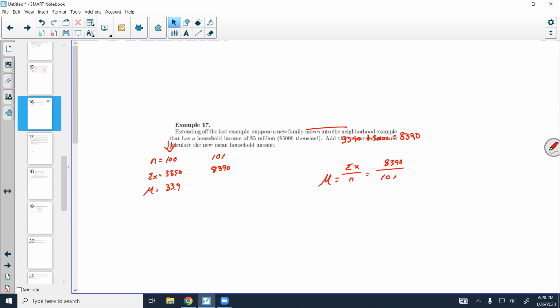Then we added 5,000 thousands. So from 3390 to 8390. And then we do our division here, and I get a mean of 83.07. And see how much difference it makes just with one person, way outside the average.